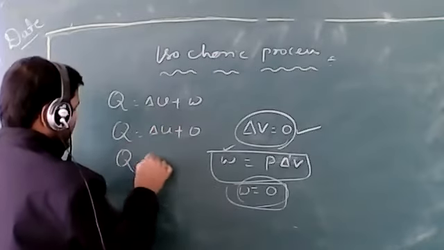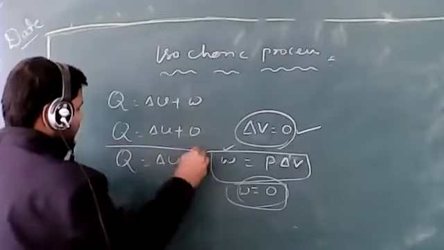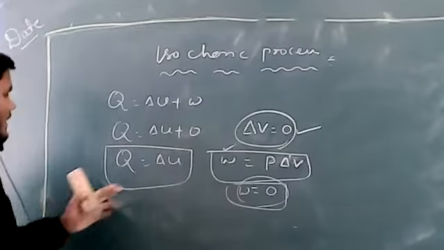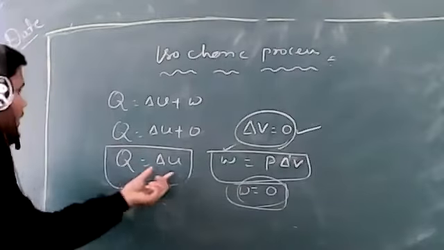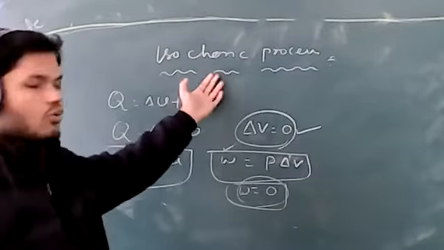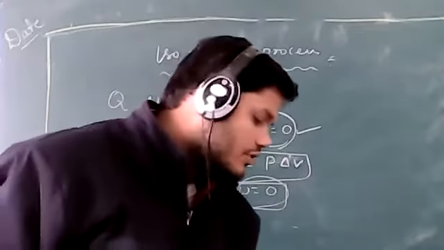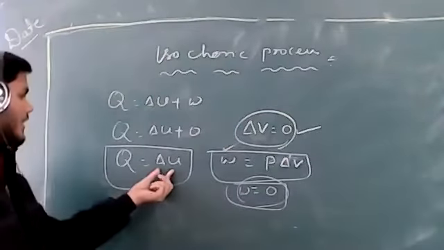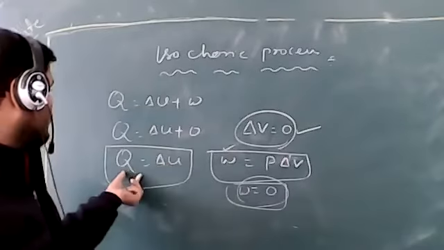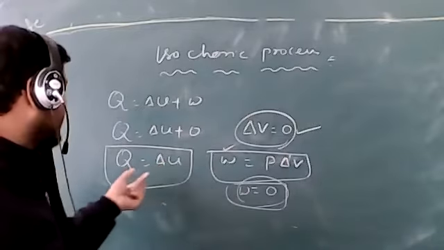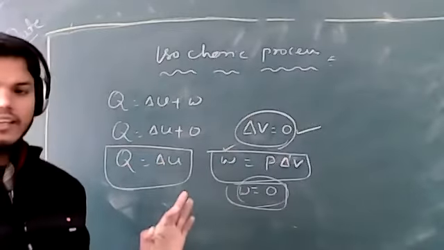That means whatever heat we give to the system is used to increase the internal energy. In this isochoric process, Q equals delta U.